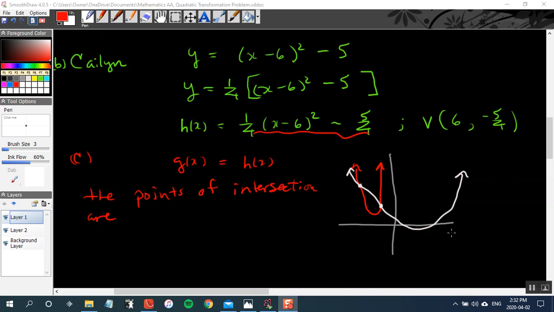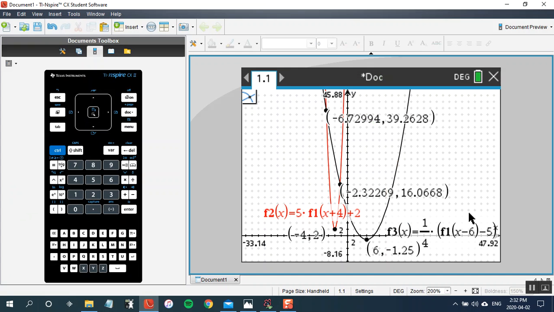Okay, so you notice I at least attempted to draw our system of equations. It somewhat looks like what that looks like.